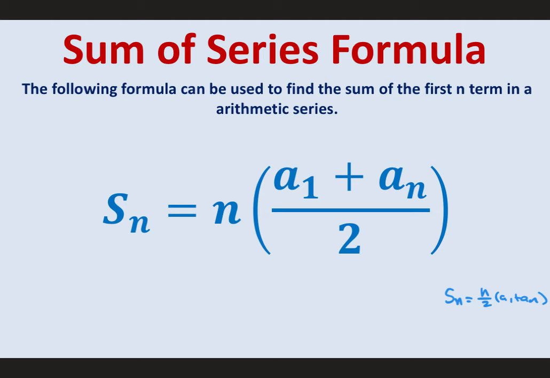And this goes back to that story of the kid who added 1 and 100 and then multiplied it by 50 because there were 50 pairs of 101. Okay, so another formula to add to our list, arithmetic series. We say we're going to add the first term and the last term in our series, divide by 2, and multiply by the number of terms in the series.